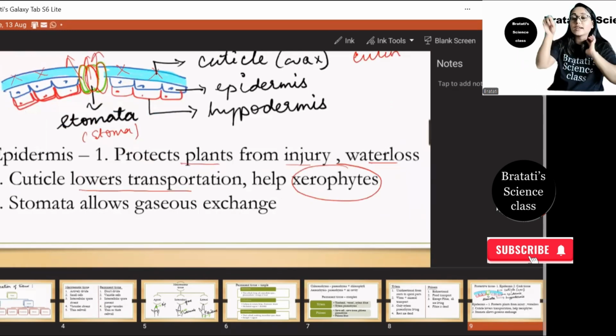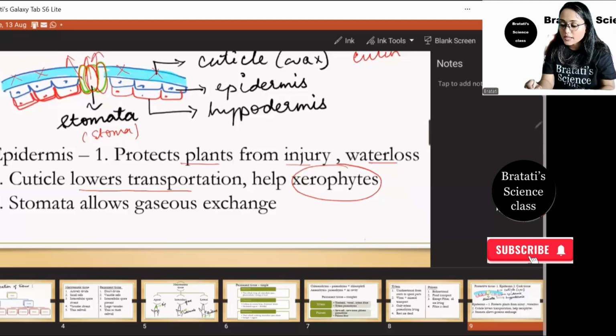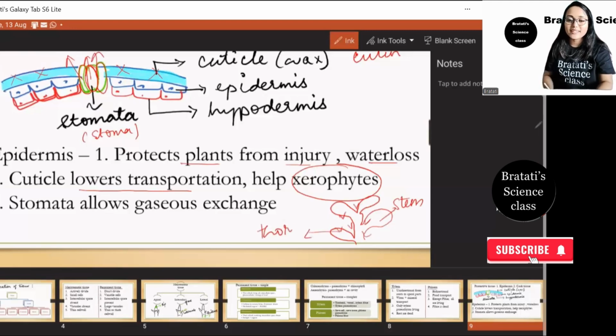What we see in the cactus is not their leaf. These are actually the stem of the cactus, and the leaves are modified into thorns. So this is for cactus, xerophytes, and stomata allows the gaseous exchange.